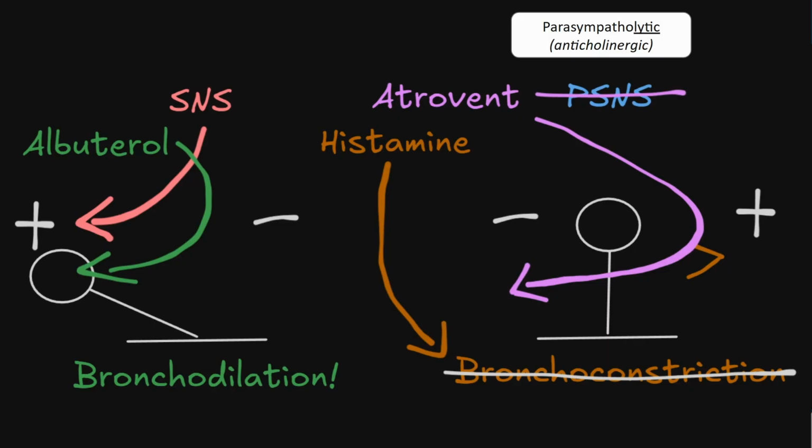It's the opposite, which gets the same results. Because I can give a sympathomimetic to cause bronchodilation, but I could, if such a thing exists, give a sympatholytic to get constriction, or I can come over here and do the same in the opposite, because it's a different system and works in the opposite way.